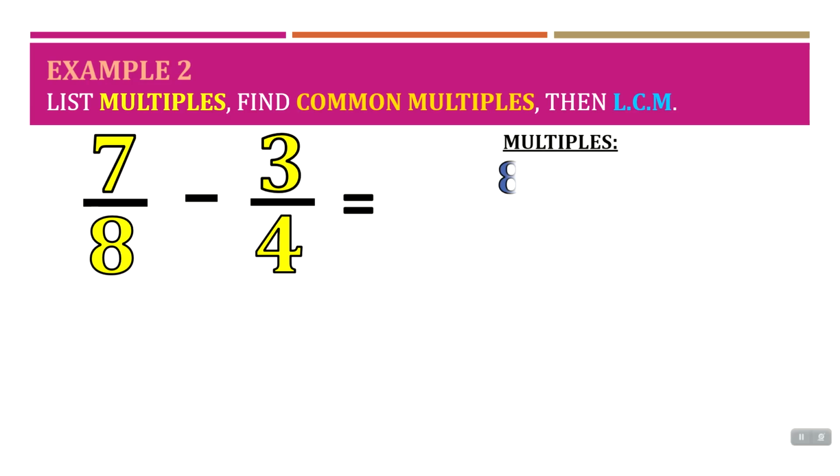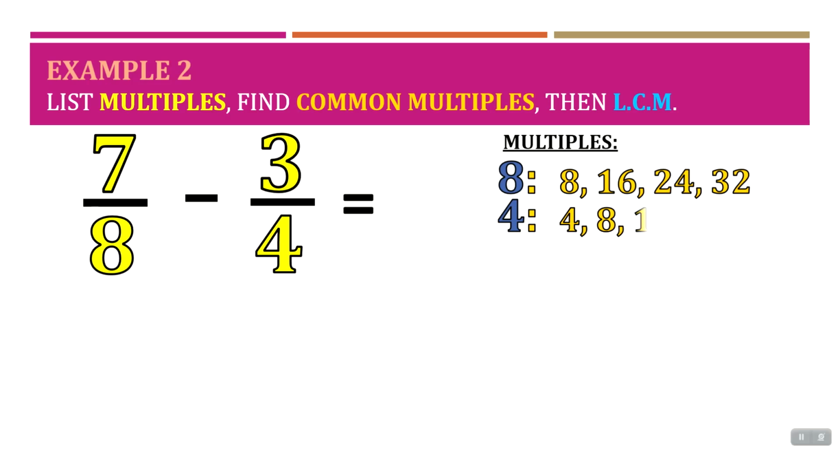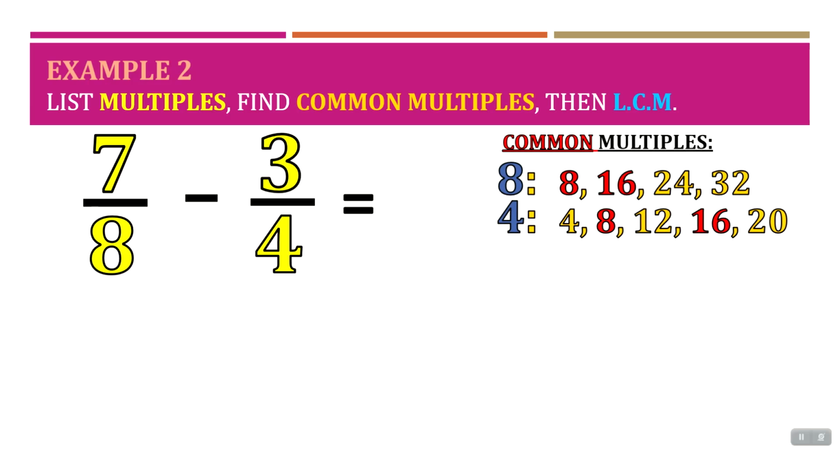Let's list the multiples of 8: 8, 16, 24, 32. And the multiples of 4: 4, 8, 12, 16, 20. And we can see that the common multiples, or those multiples that are the same in both, are 8 and 16. But the least, the smallest, is the number 8.